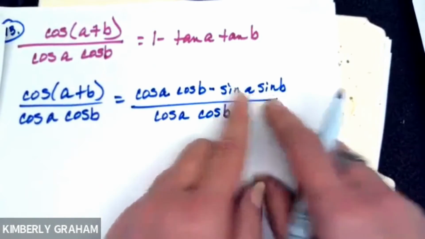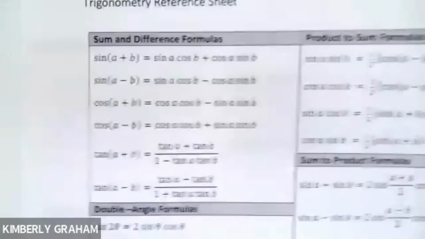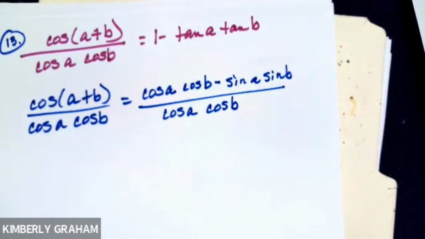Same thing here. You can't use most of these identities over here when you have different angles.